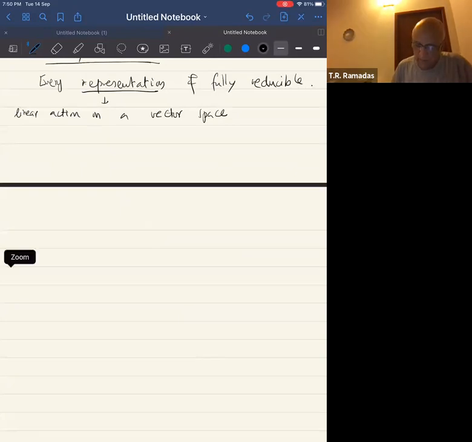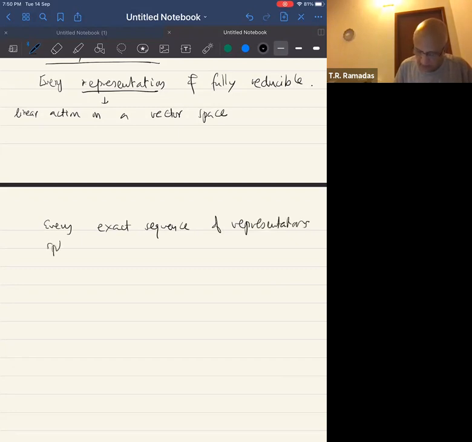So this means that every representation can be broken up into direct sums of irreducible representations. In a slightly more sophisticated way, you say that every exact sequence of representations splits.